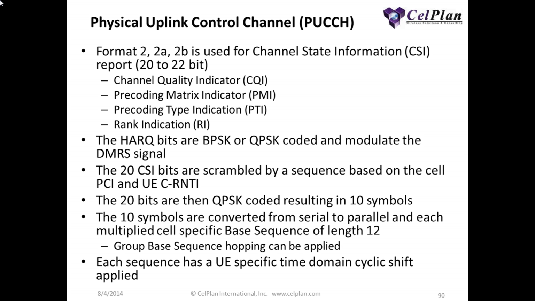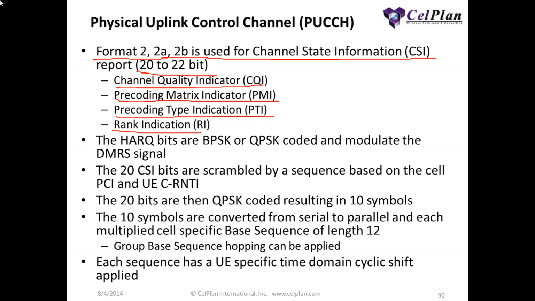Format 2 sends the channel state information that is made of channel quality indicator, precoding matrix indicator, precoding type indicator, and rank indication. And this has from 20 to 22 bits because there are additional 2 bits that are the ACK/NACK.